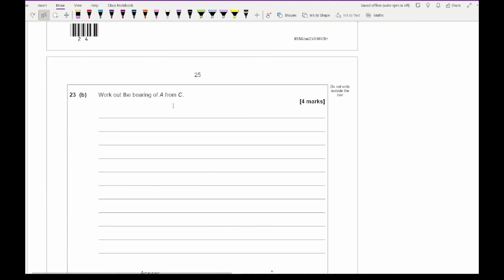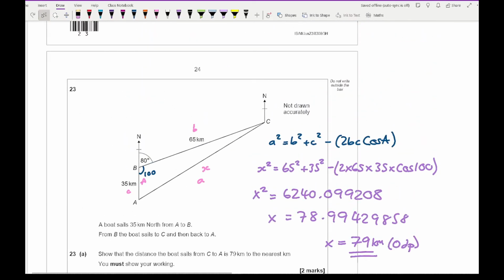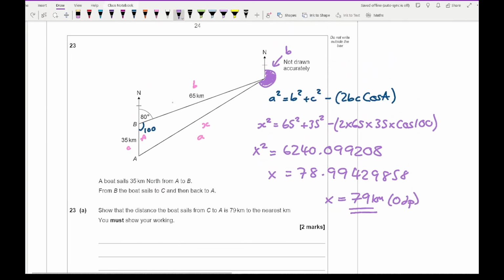For part B, it then says work out the bearing of A from C. So going back to this, what it's asking me to do is to work out what this angle here is, and that there is my answer to part B. If I continue this line of BC, then this line here is 80, and therefore this part here is going to be 100.